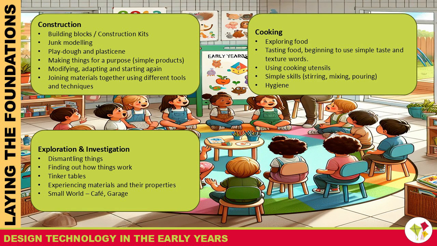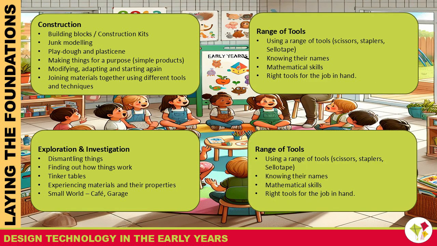Through constructing, exploring, investigating and working with food, children will begin to use an increasing range of tools and equipment. They will learn their names and what they are used for. They will begin to learn which tools are associated with making using different materials and techniques. They will use various tools and techniques to contribute to their physical development and in particular their gross and fine motor skills.